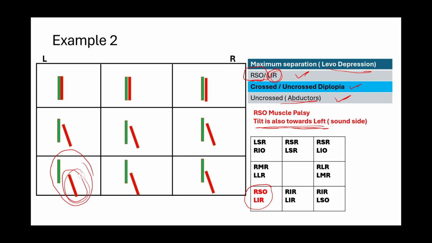Do we see? Yes, the right superior has tilted towards the left side. So our diagnosis is very much correct. Superior muscle palsy, tilt is towards the sound side, which is the left. So it is a right superior oblique muscle palsy.